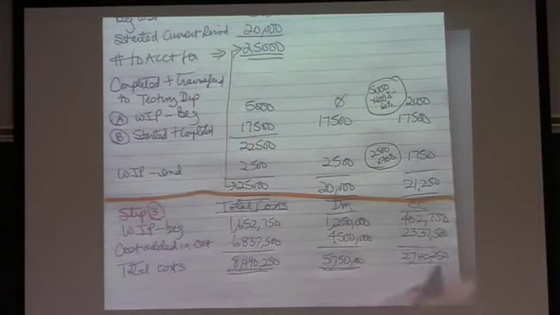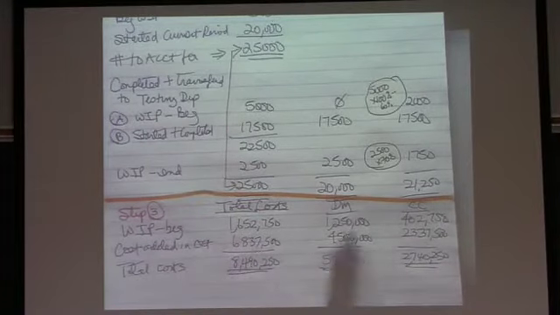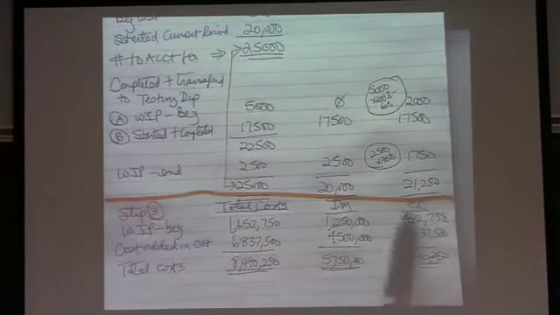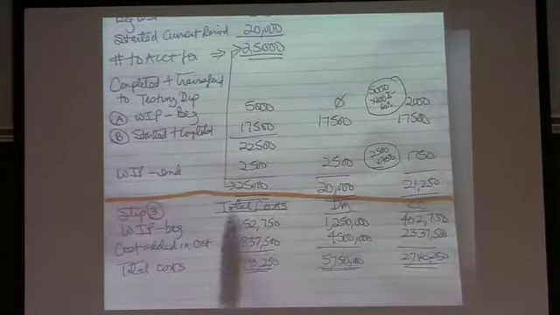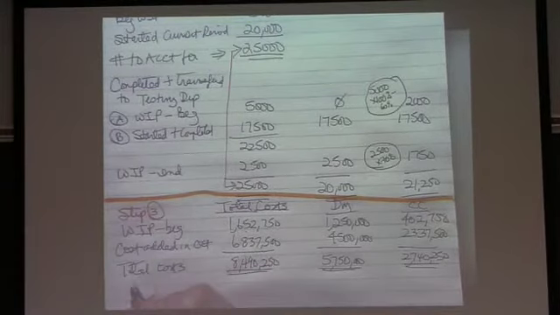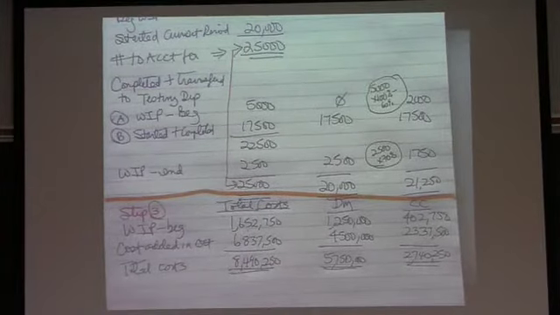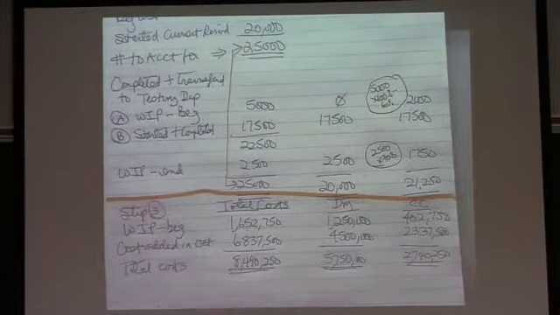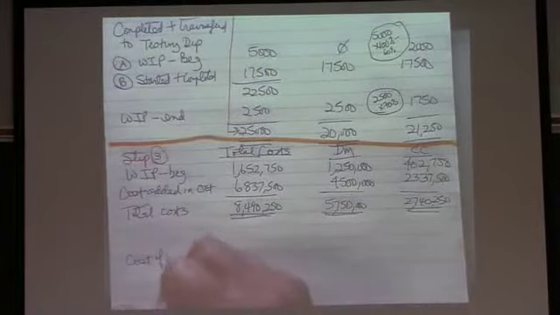Now, this would have had its own unit cost because this would have been part of the calculation of last month's cost per equivalent unit. What we're trying to figure out is the cost of equivalent unit for the current period.